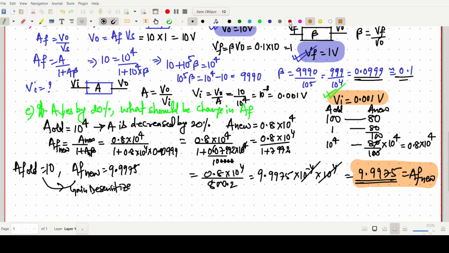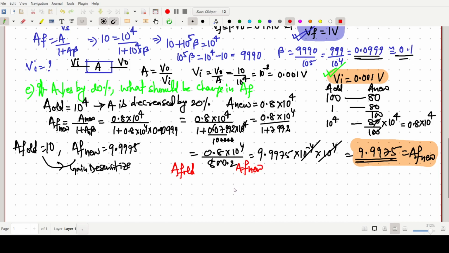So what I am writing is the AF old value, and AF new value. So when it is 10, now the new value is 9.9975.